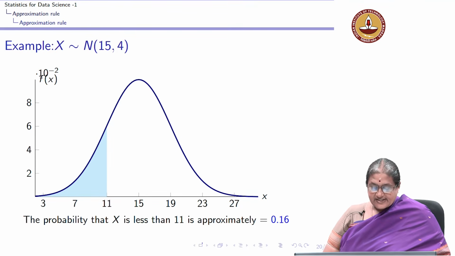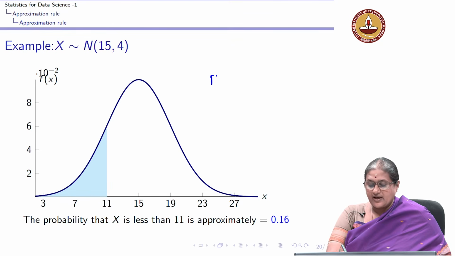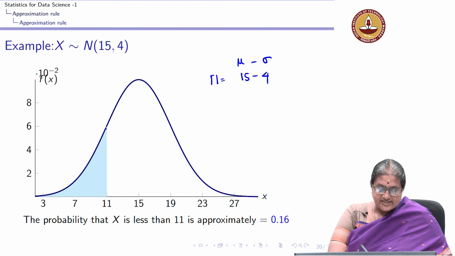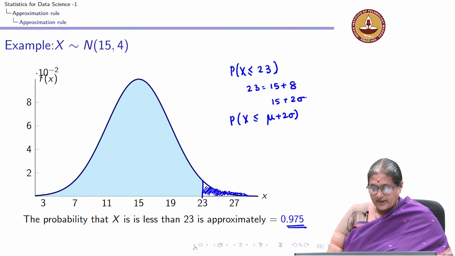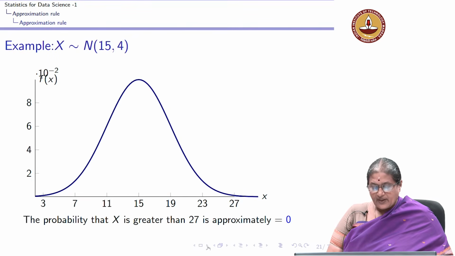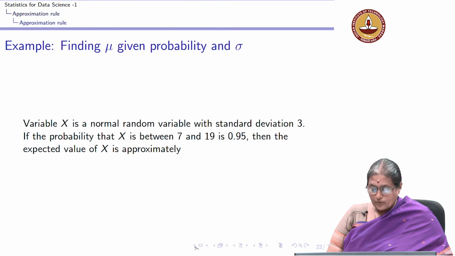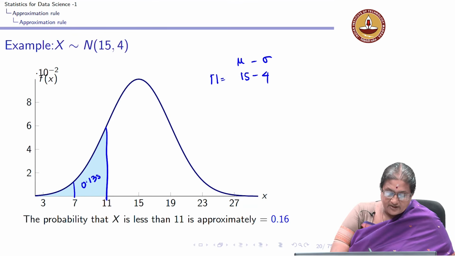The probability x is less than or equal to 11. Again, 11 I recognize is 15 minus 4, which is mu minus sigma. So, for x less than or equal to 11, we know the lower tail beyond mu minus 2 sigma was 0.024. Now, go back here: the probability between mu minus 2 sigma and mu minus sigma was 0.135.